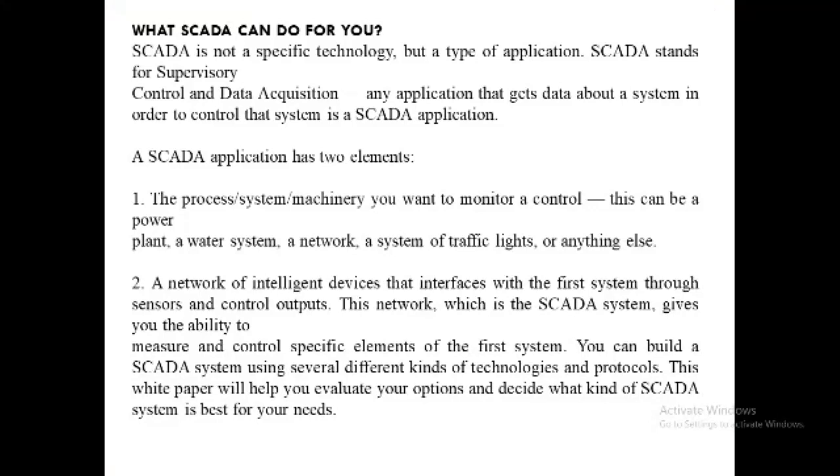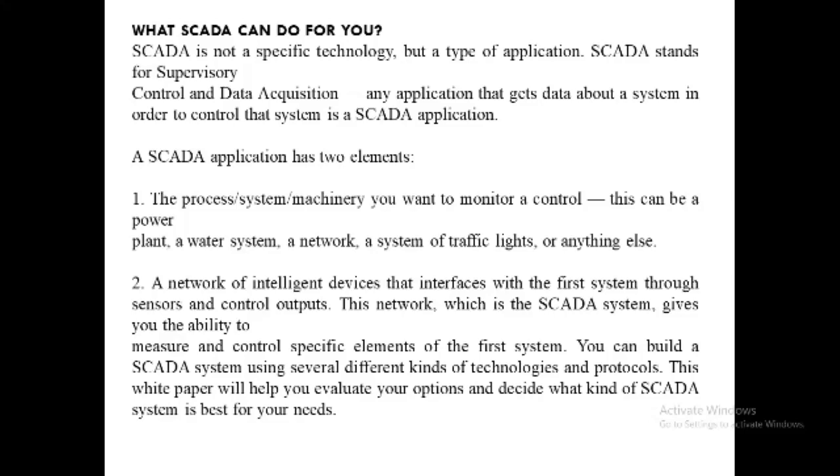So the SCADA, what exactly does SCADA stand for? I discussed previously, it is basically Supervisory Control and Data Acquisition system.